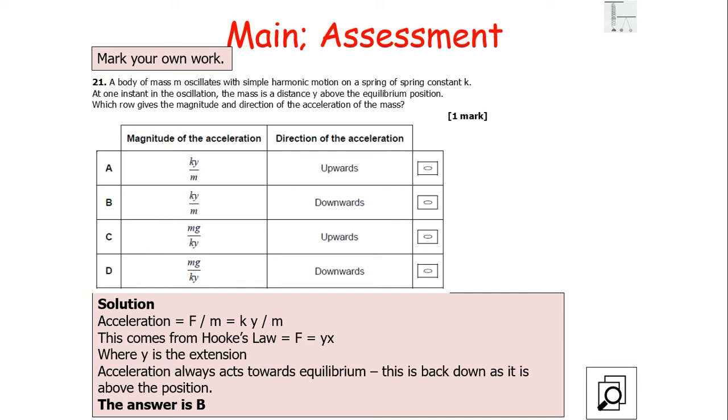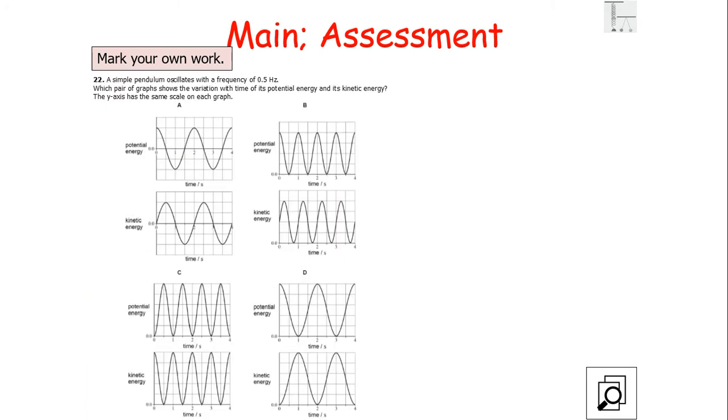The question just told you that we're using y for extension and not x. So therefore, acceleration is ky over m, so it has to be either A or B, but remember, acceleration always acts towards the equilibrium position, which in this instance is back down. So as a result, it must be acting downwards.